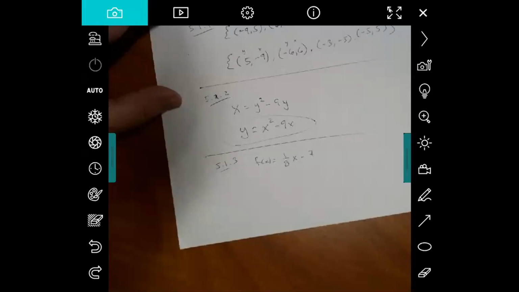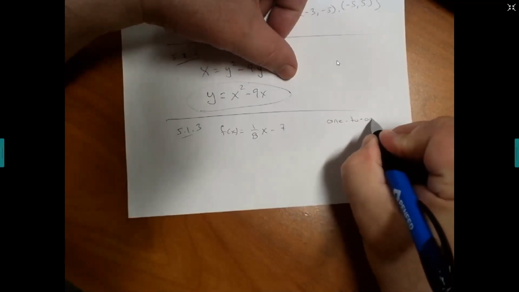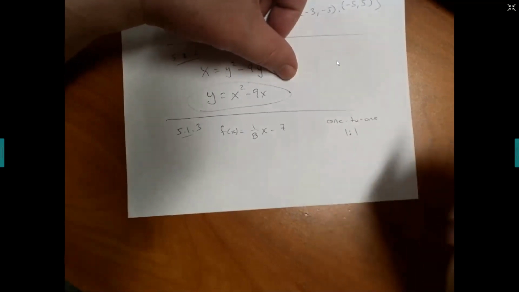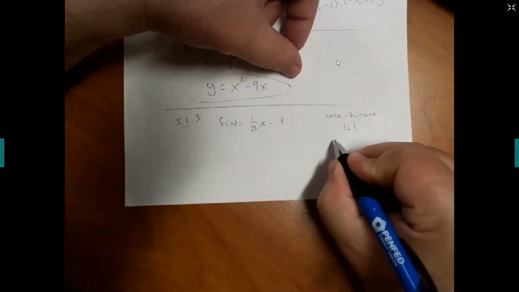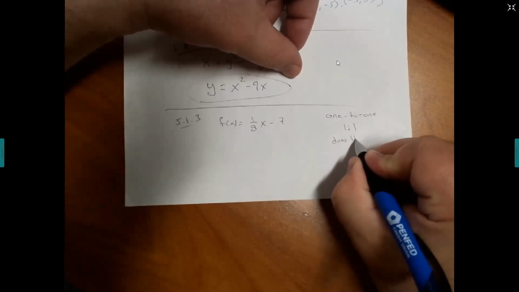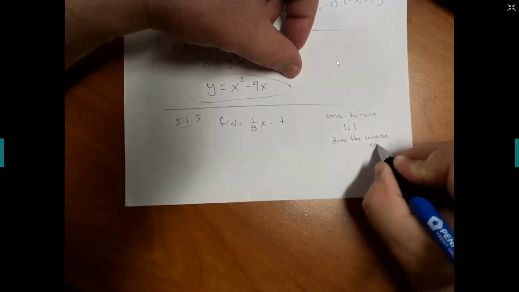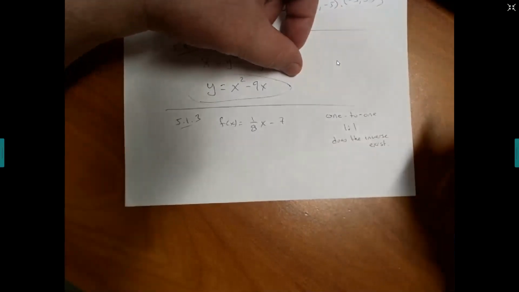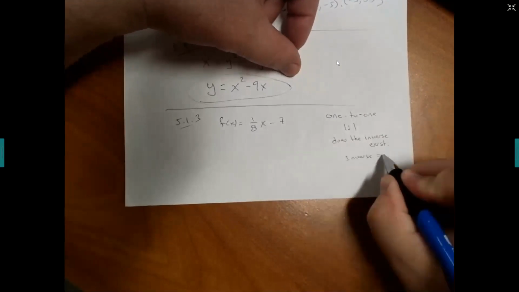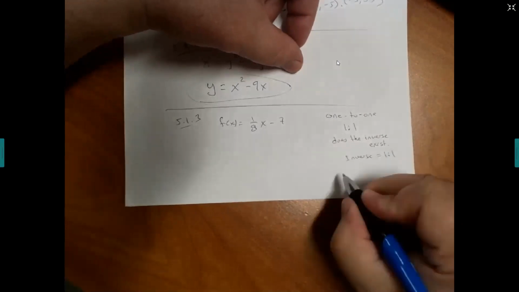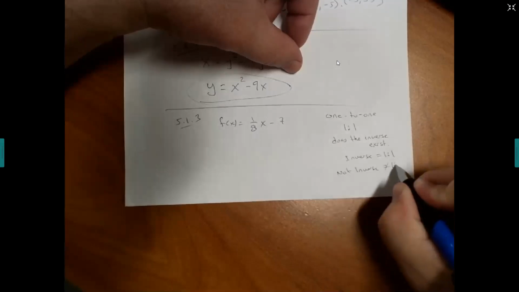When we talk about one-to-oneness, basically we're asking: does the inverse exist? If the inverse exists, then it's one-to-one. If it doesn't have an inverse, then it's not one-to-one.